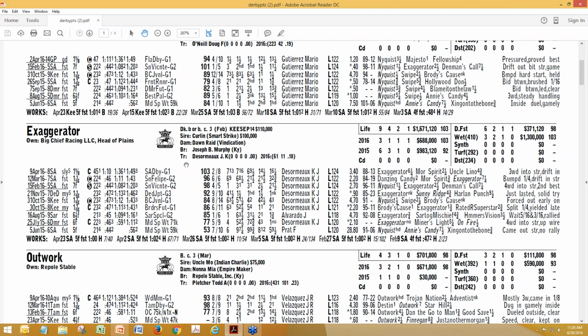You have to question, as you've done, whether he's likely to have that same scenario happen again in the Derby against 19 other colts, where he might have to rally from off the pace and maybe hit traffic, or maybe doesn't get as strong a pace. Is he able to duplicate that effort, that 103 top Beyer in the field, when he had it all his own way in his last start?